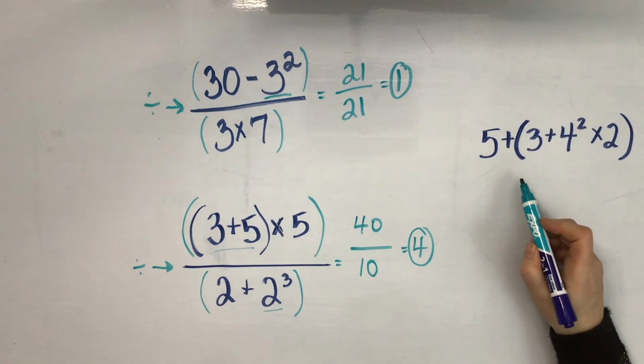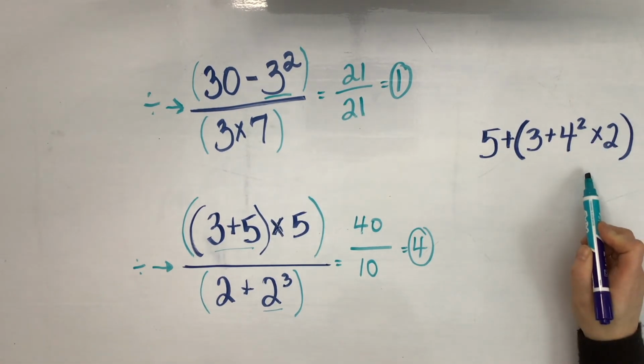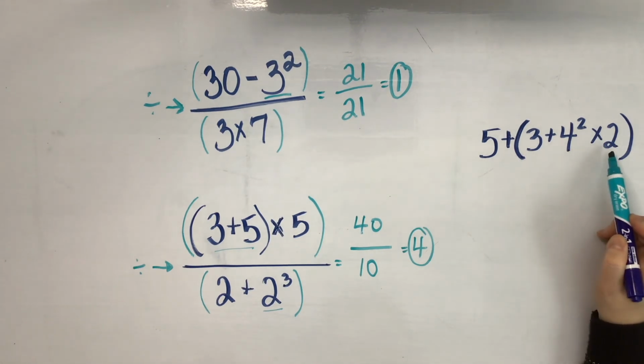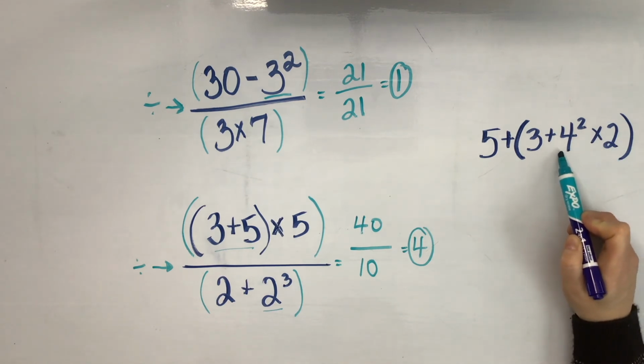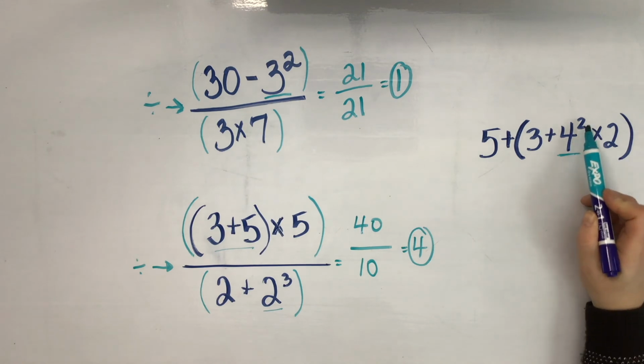And over here, I've got some addition, I've got an exponent, and I've got a multiplication, and I have some things in brackets. So within the brackets, which is where I need to start working, the most powerful thing in here is the exponent. So I'll do that first. 4 times 4 is 16.